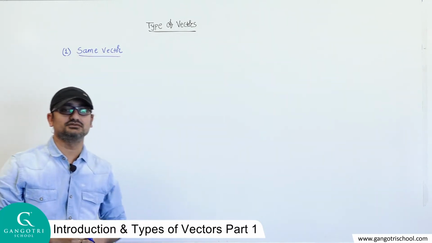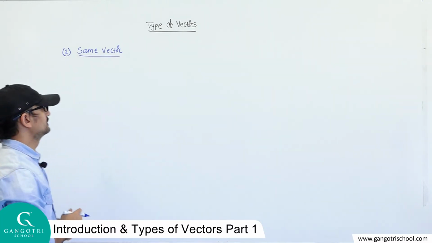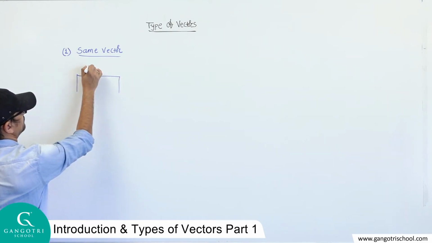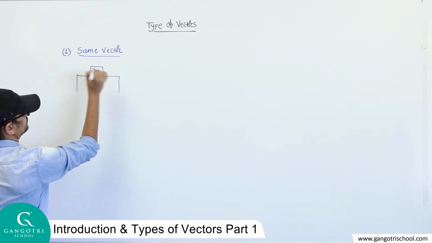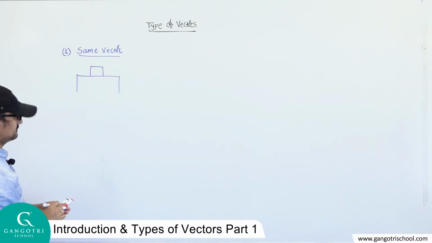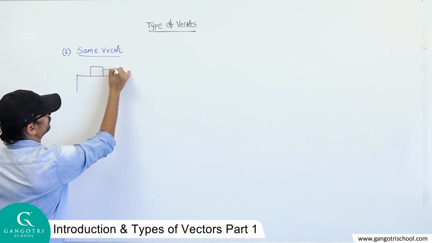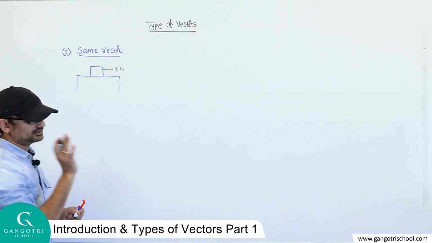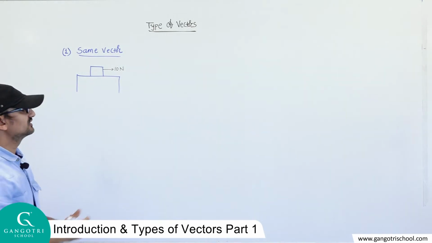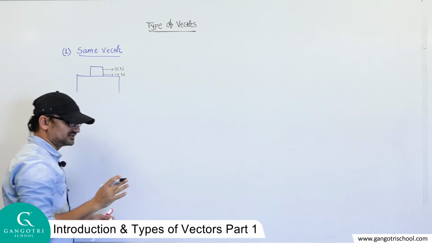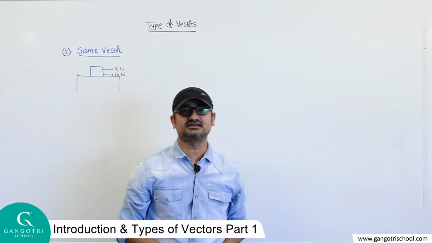Let's understand with the help of one example. Just imagine that this is a table and one object is lying on it. Assume that 10 Newton of force acts on that object towards your right hand side, and another 10 Newton of force acts on the same object again towards your right hand side.